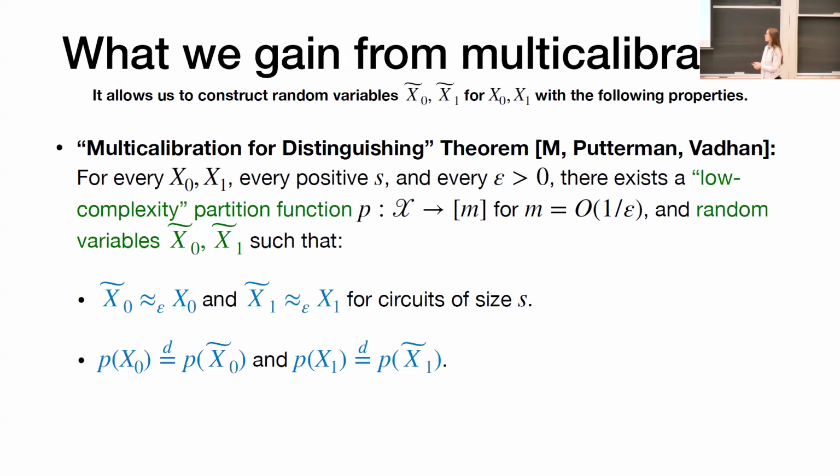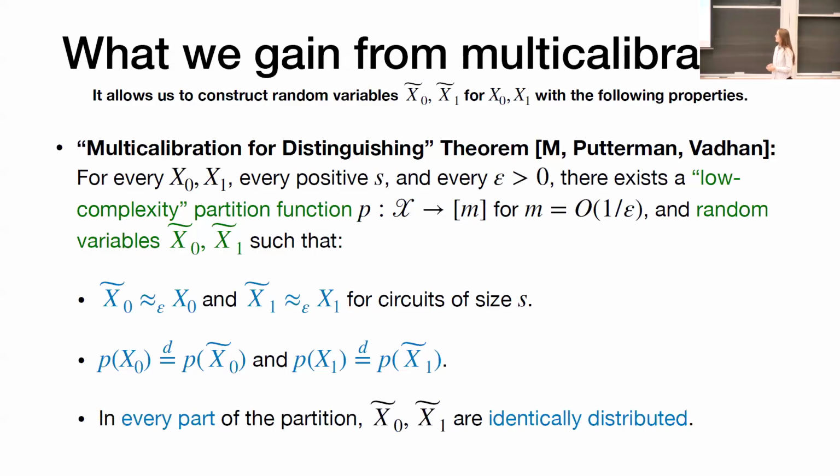And the same holds for the 1 variables. I'll be giving an illustration of these properties in just a moment. And finally, in every part of the partition, x0 tilde and x1 tilde are identically distributed. So we'll directly be taking the x0 tilde and the x1 tilde given to us by multicalibration applied with a specific g and x.